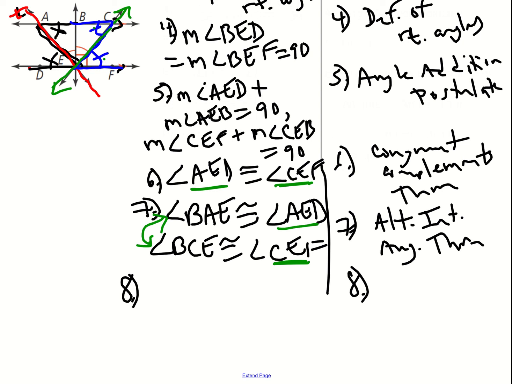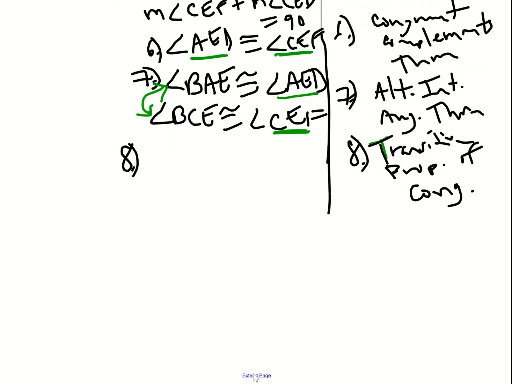So here, I'm going to use a transitive property. Not a transitive property of equality. We're using congruent statements here. So this is actually a transitive property of congruence, not of equality. But we know that they're very similar concepts.